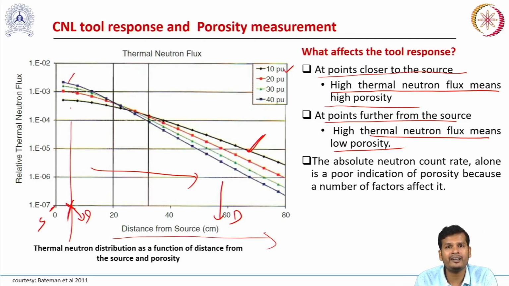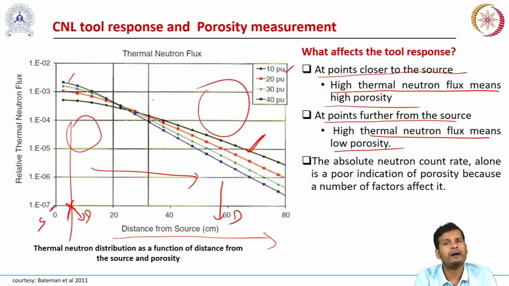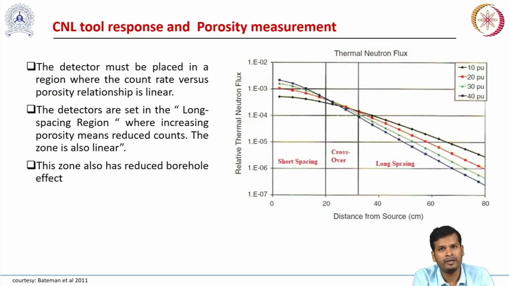So our interpretation will be different if the detectors are closer to the source or farther from the source. We need to keep in mind where my detector is placed. So where should we place our detector? For example, there is a crossover region.